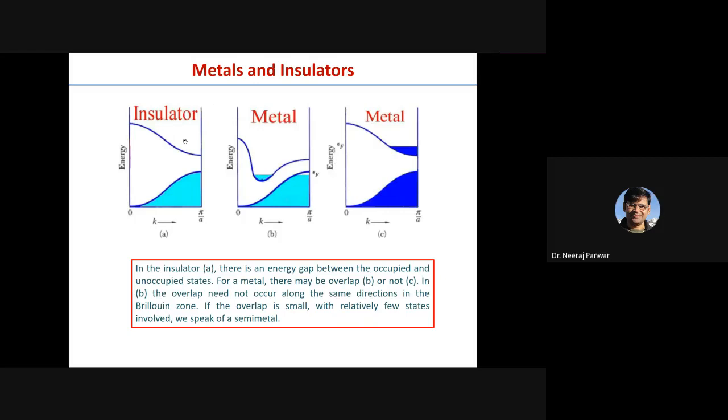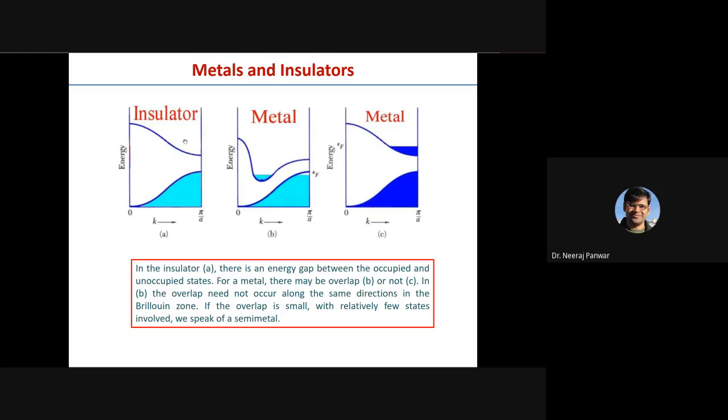So depending upon the shape we are getting from considering these models like the Kronig-Penney model, the nearly free electron model, or the tight binding model, that is the sixth assignment for you.